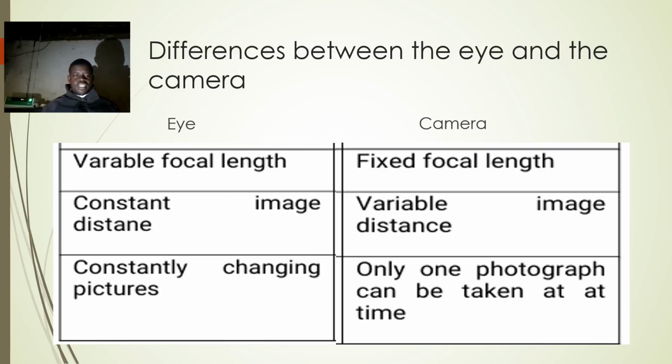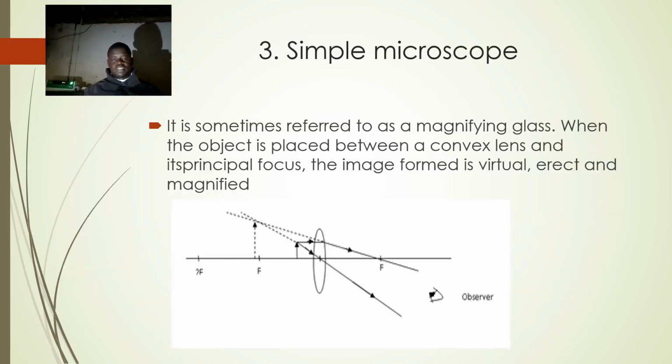Now, the eye has a constant image distance. The distance between the crystalline lens and the retina does not change, while the camera varies the image distance depending on the distance of the object being focused. Then the eye can take constantly changing pictures, while for the camera, only one photograph can be taken at a time.